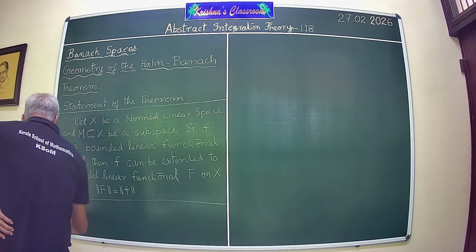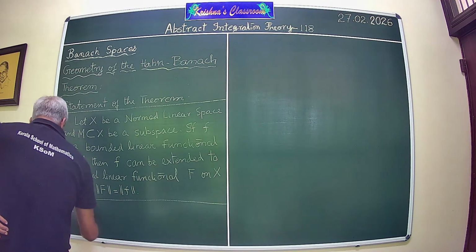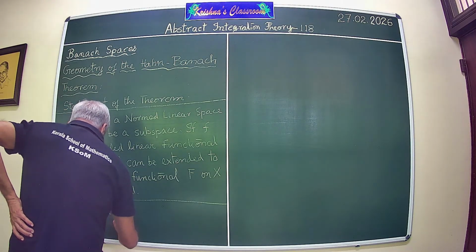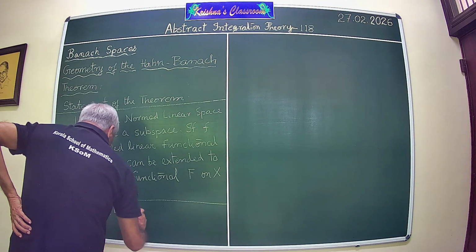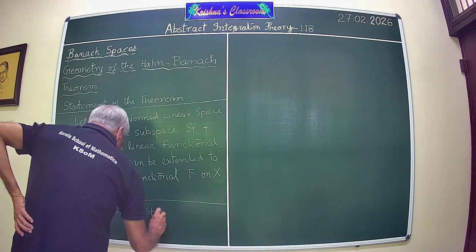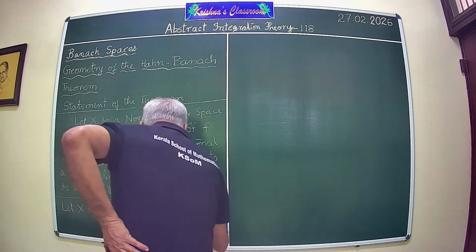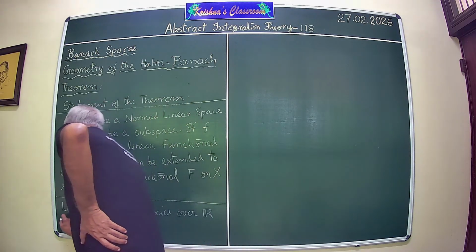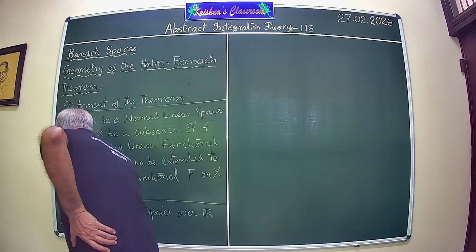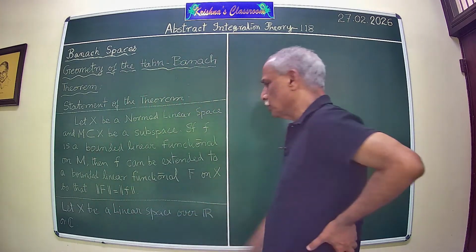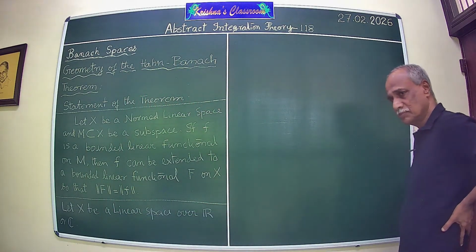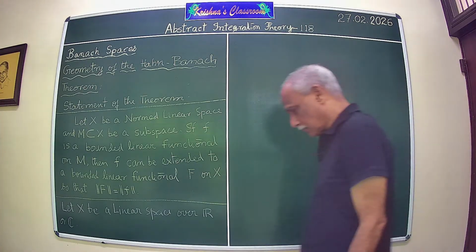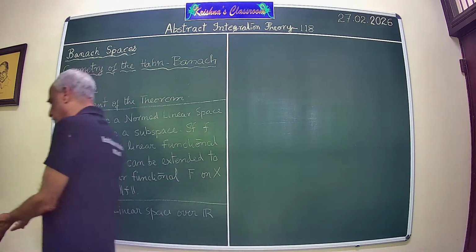So let X be a linear space over R or C. And generally, we were using the terminology K, which is in fact a field.